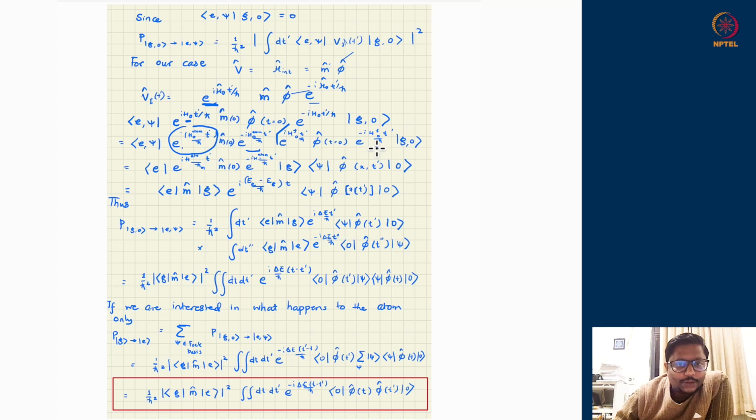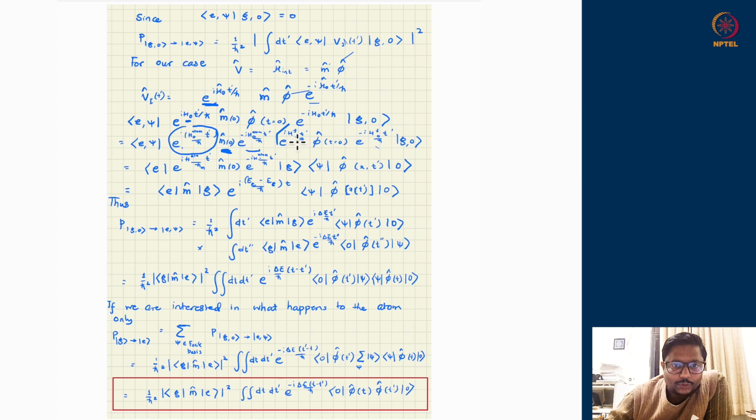Since they are commuting operators belonging to two different spaces, I collect all the atomic operators on one side and all the field operators on the other side. So you can convince yourself that the whole thing can be written as the operator M squeezed between two unitaries of the atomic free Hamiltonian, and similarly the field operator squeezed between the unitaries of the free field Hamiltonian.